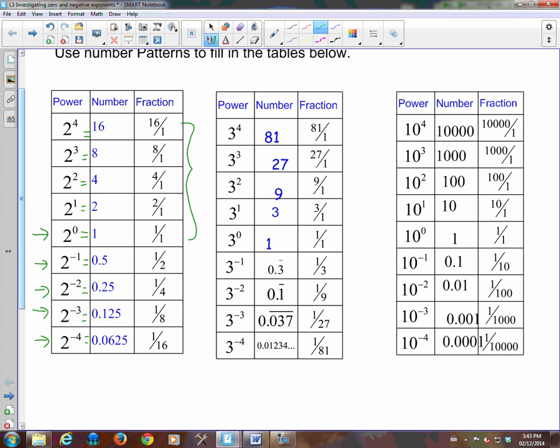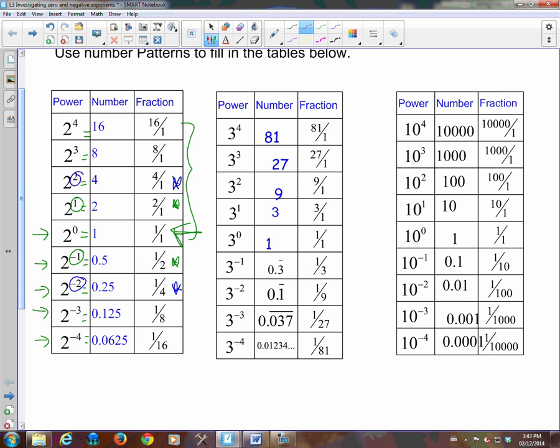And if we look for patterns, we'll notice we've got 1 in the center, and then we have 2 over 1 and 1 over 2. So a positive 1 is 2 over 1, and a negative 1 for the exponent is 1 over 2. And if I keep looking for patterns, I have 4 over 1 and 1 over 4. A positive 2 is 4, and a negative 2 is 1 over 4.